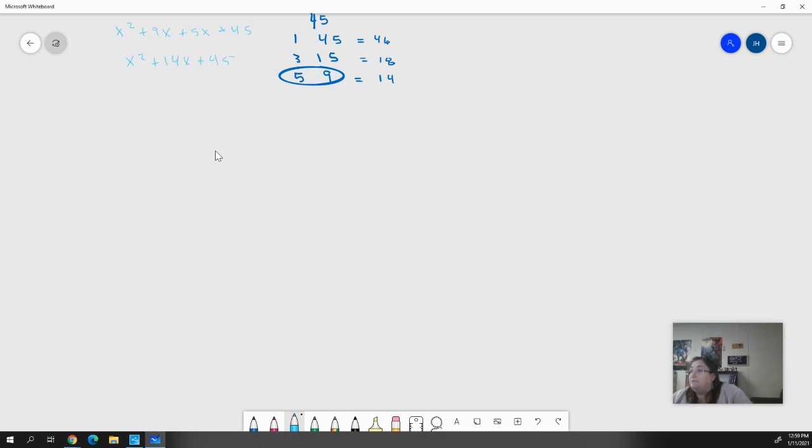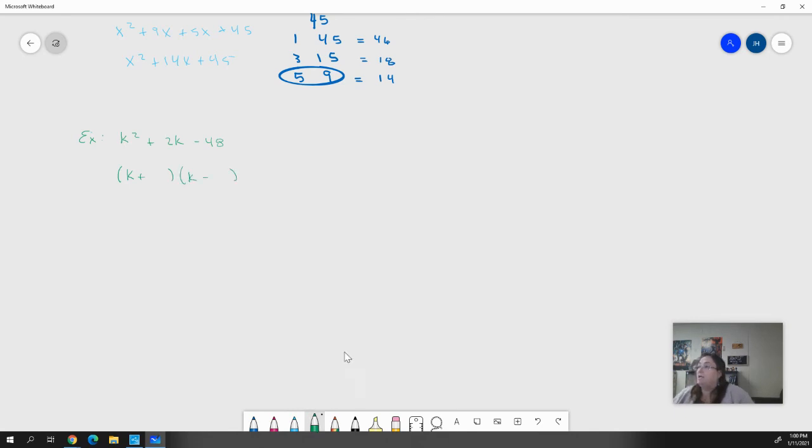Let's look at a different example, in a different color because that light blue does not show up so well. Let's look at k squared plus 2k minus 48. The one thing I know about this is that I'm going to have a k plus something and a k minus something.